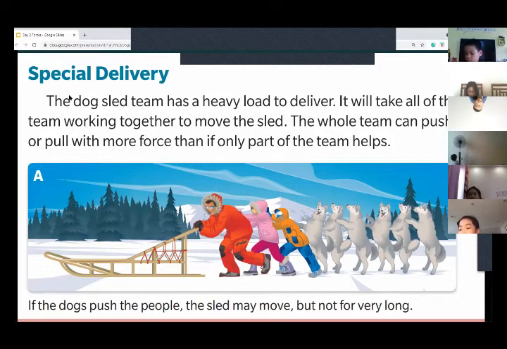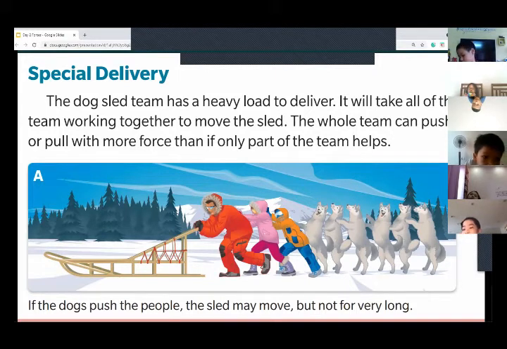I would like someone to read the entire first paragraph. So we have a special delivery. Who can read the first 3 sentences? Let's have Alex. Make sure you're at your computer, Alex. Read the first 3 sentences.